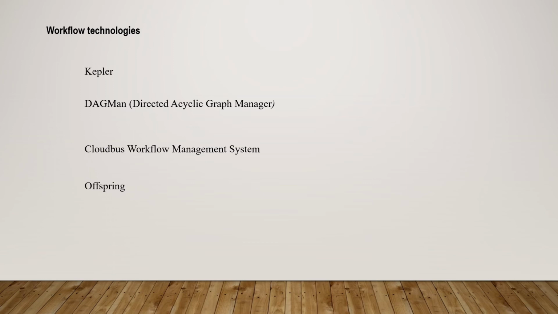And DAGMan acts as a meta scheduler for Condor by submitting the jobs to the scheduler in appropriate order. The input of DAGMan is a very simple text file which contains the information about the jobs and a pointer to their job submission files and dependencies among the jobs.